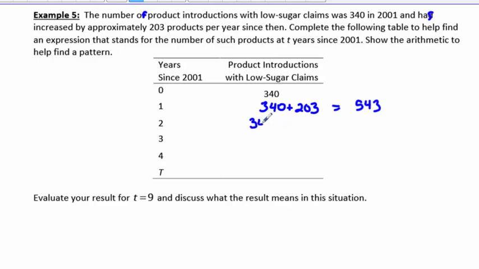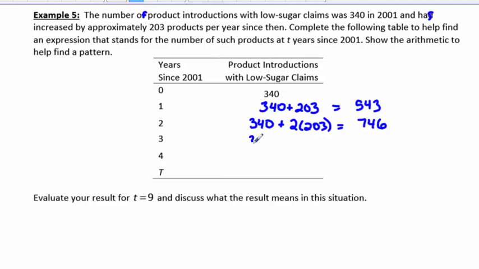So we have our 340. Now, in the first year, we increased by a 203. In the second year, we're going to increase by another 203. So we're going to increase by that 203 2 times. So twice 203. If you simplify and add that up, you will get 746.